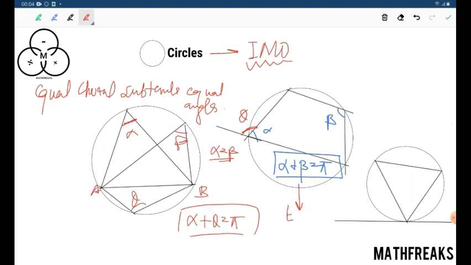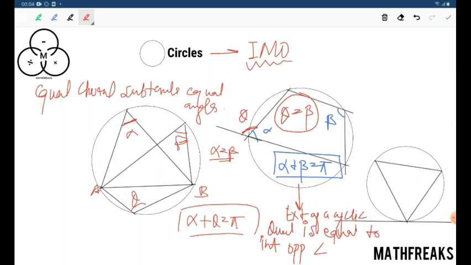The exterior angle of a cyclic quadrilateral is equal to the interior opposite angle, that is, theta equals beta. Exterior angle is equal to interior opposite angle.